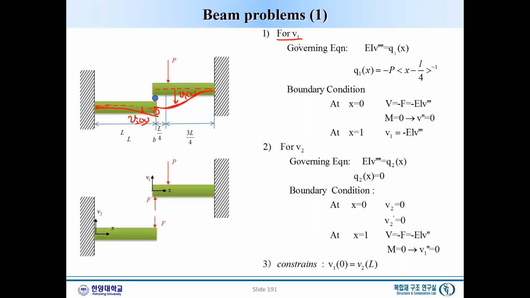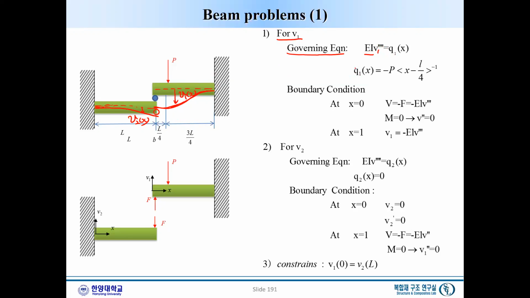So to solve the deflection V1 of the right-hand side beam, we always have a governing equation, EI V1 fourth derivative equals Q1(x). This is the governing equation.